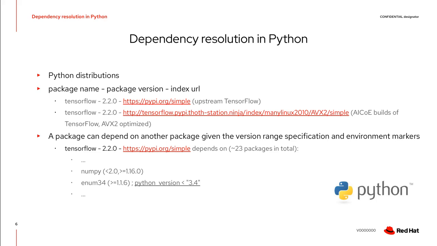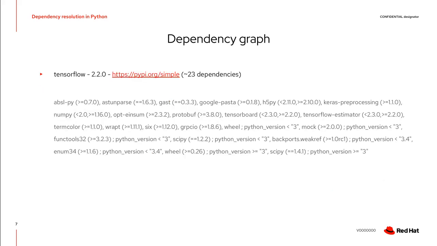As you can see, these version range specifications do not imply an index or index URL, so they really use the package name and version range specification that needs to be satisfied in order to construct the dependency graph and resolve a software stack. So let's create some dependency graphs.